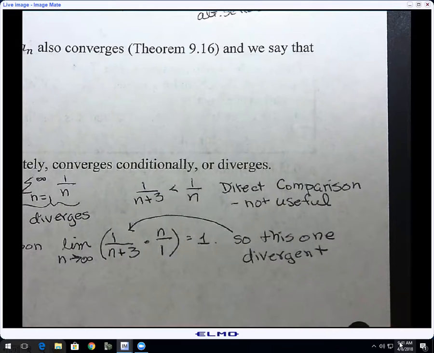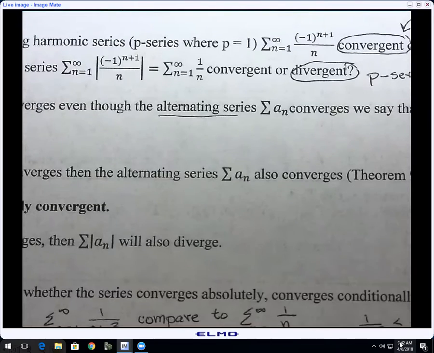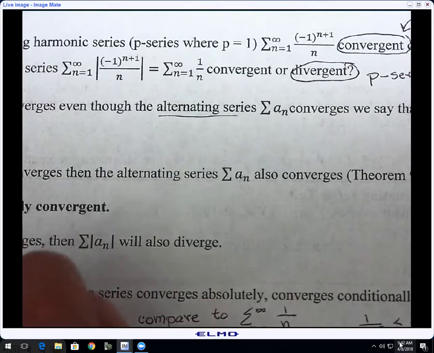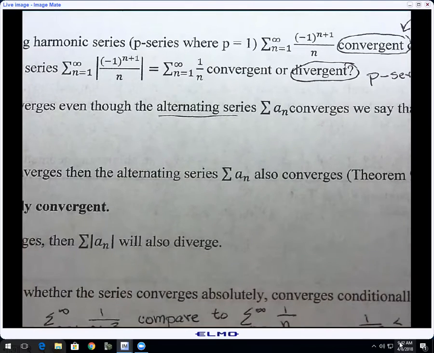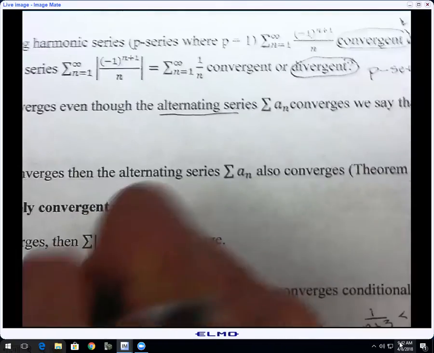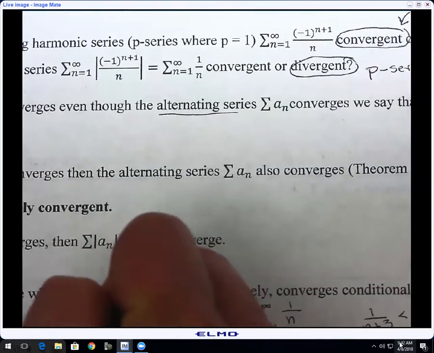All right, so the absolute value function diverged. The next question is, well, how about the alternating series? The absolute value diverged, didn't it? Yes, the absolute value function diverged.